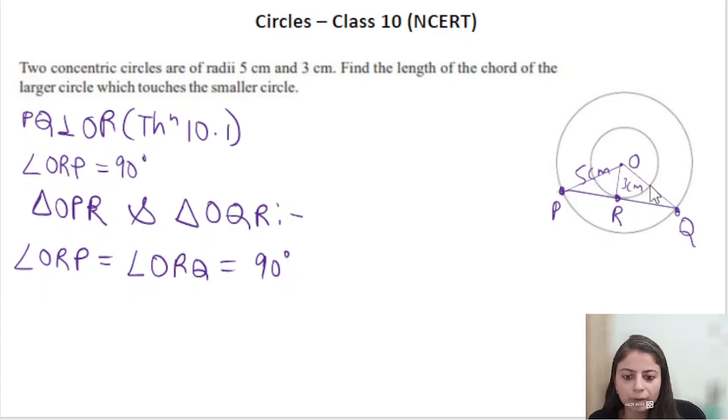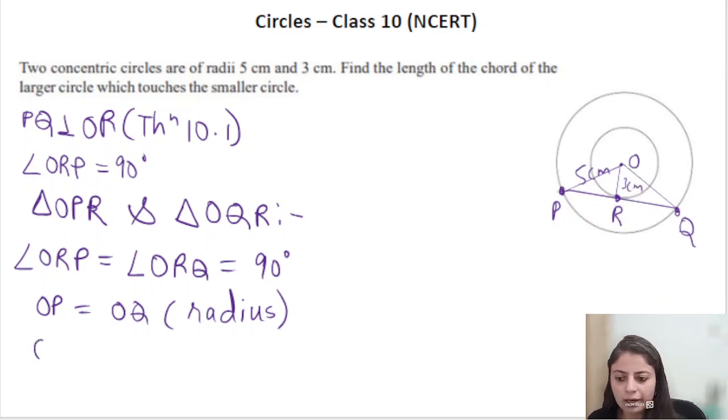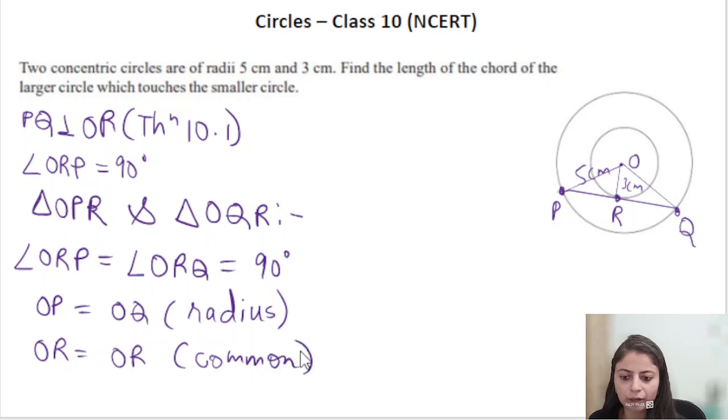Also, OP is equal to OQ because they are radii of the larger circle. They are radii of same circle, right? And OR is common side of both triangles, right?